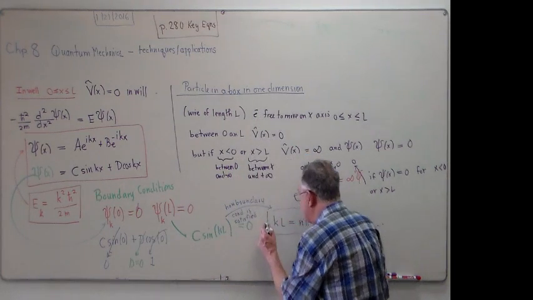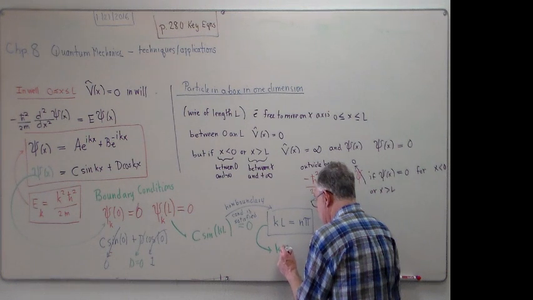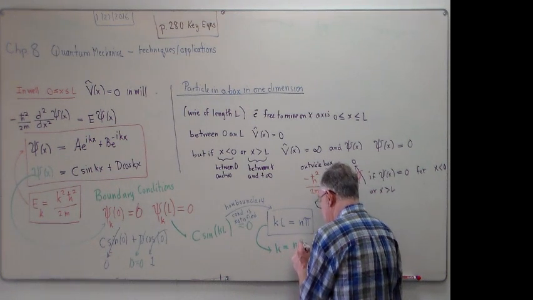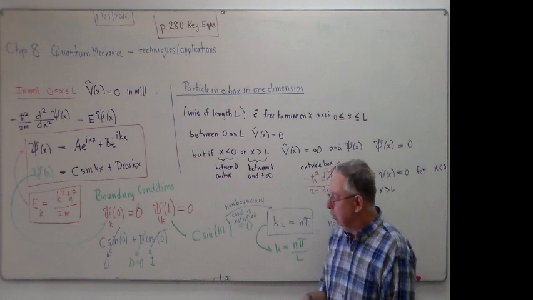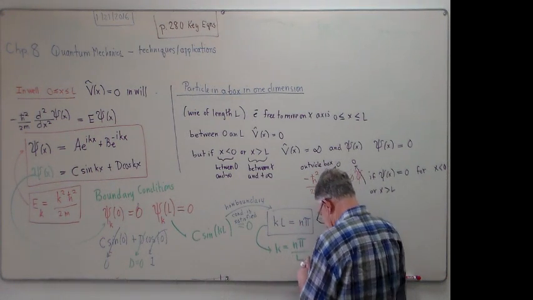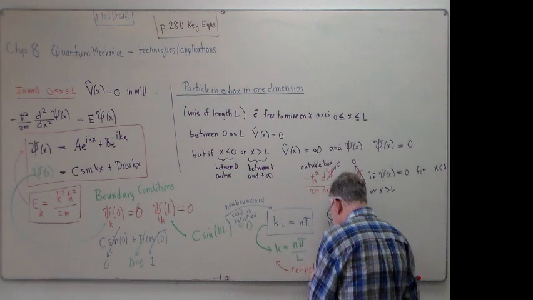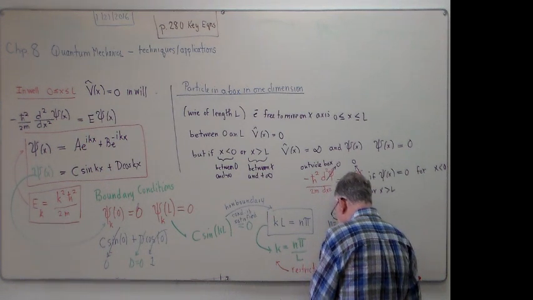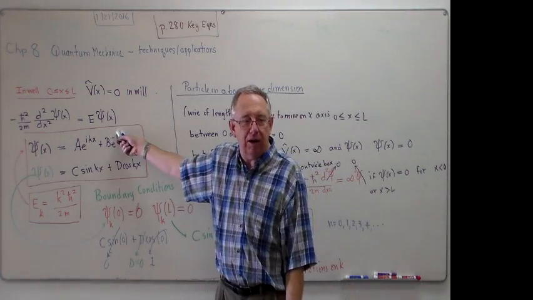And we can readily solve this. K has to equal n pi divided by L. And I want you to appreciate this: there are now restrictions on K. It can't be anything it wants to be, like in the case of a free particle.